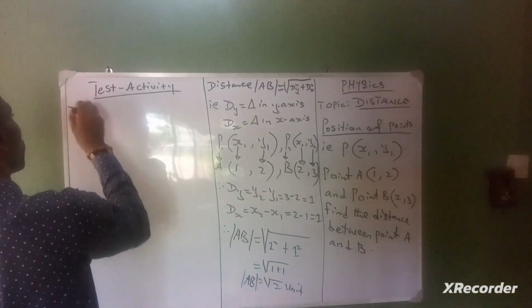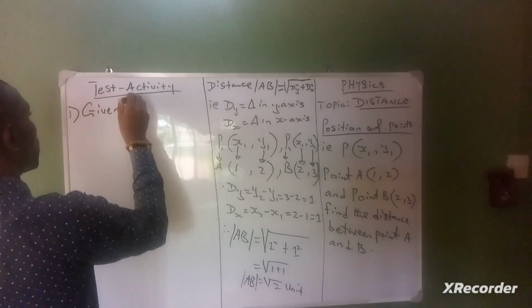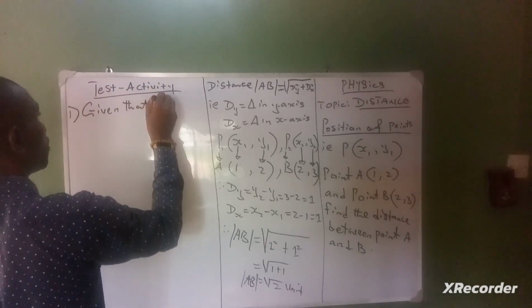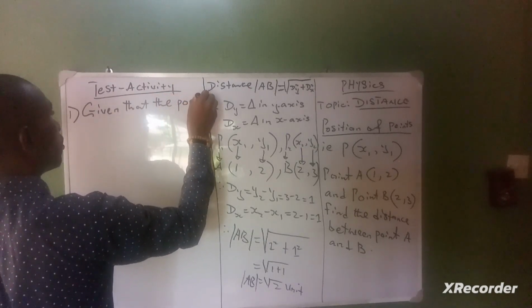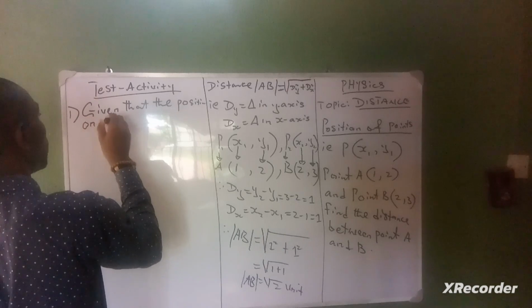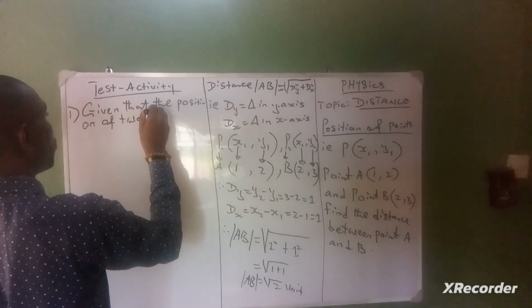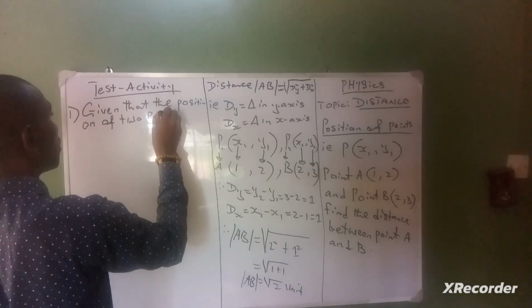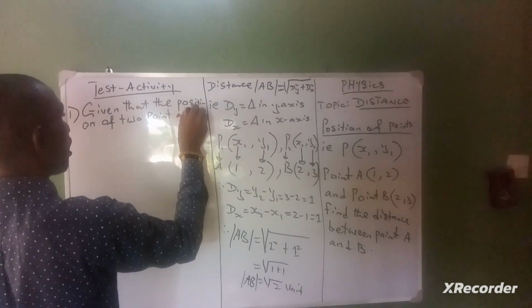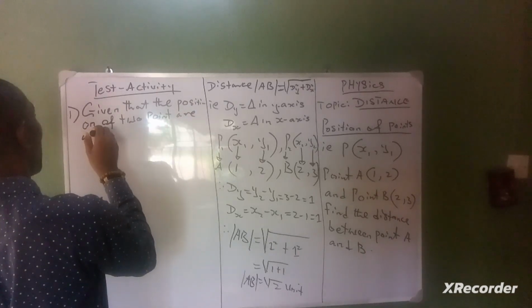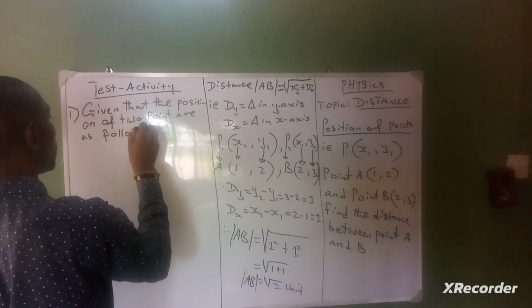So for the first one, given that the positions of 2 points are as follows.